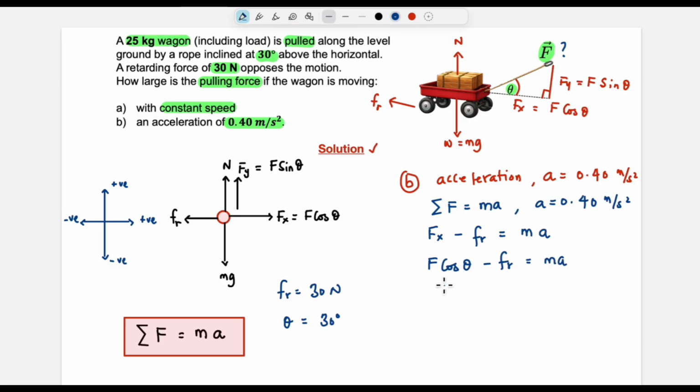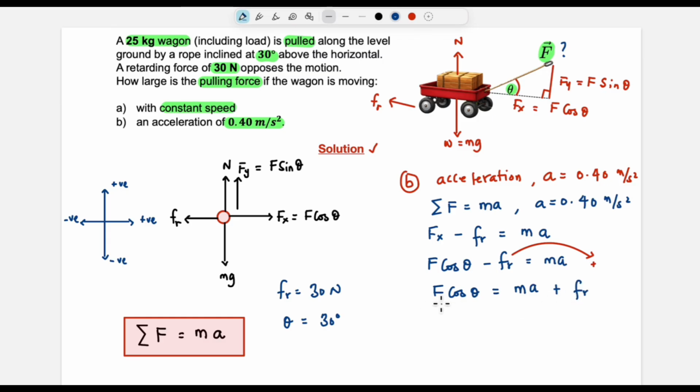Okay. So what we can do is, again, move the retarding force to the right hand side of the equation, and that makes it positive. When we do that, we have F cosine theta equal to the accelerating force plus the retarding force.